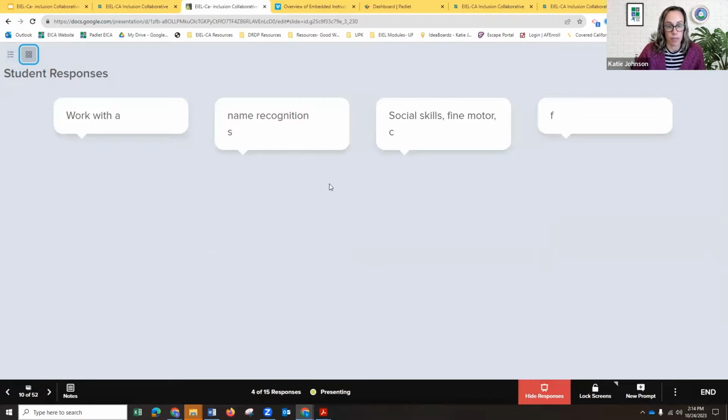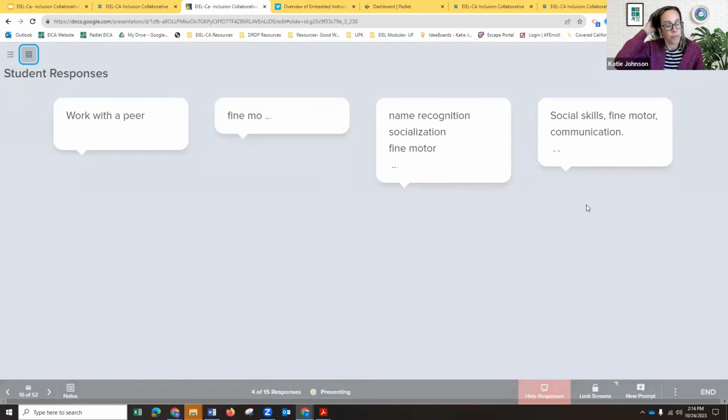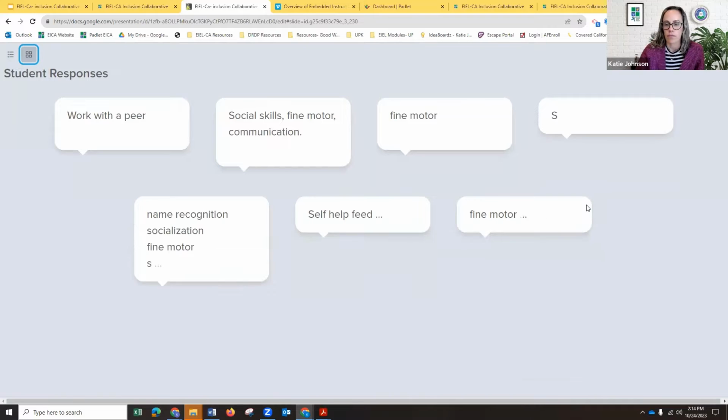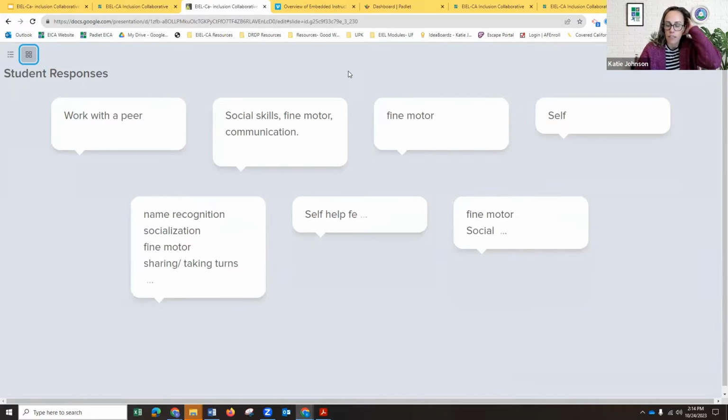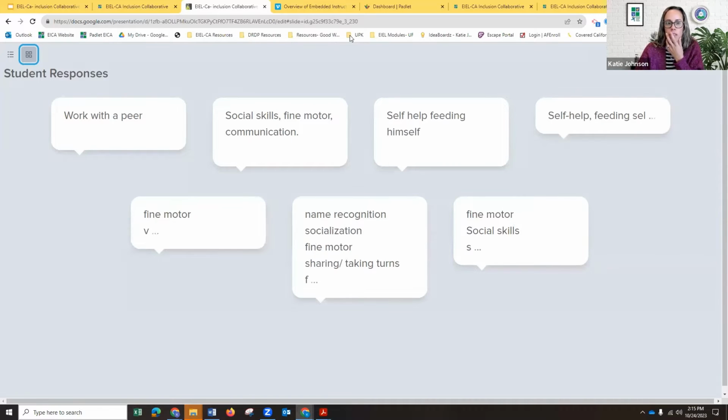Name recognition, social skills, fine motor, communication, work with a peer. Oh, I like it. Awesome. Self-help, feeding. Feeding himself. That's great, working with the peer.